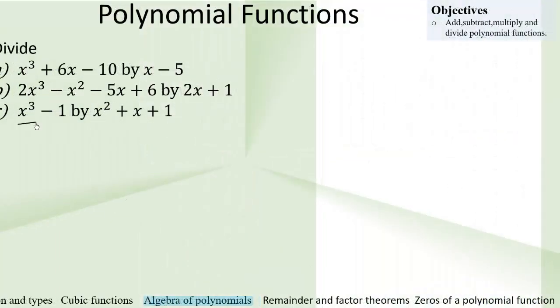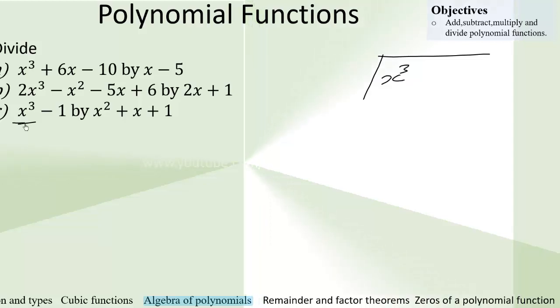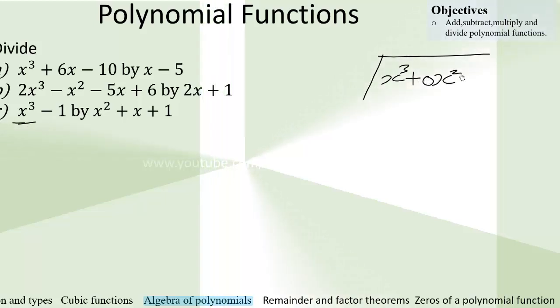Now let's look at this final one here. We have something like this: x cubed is x cubed. The next term is supposed to be in x squared, but it is missing, so it means the coefficient is 0. And the next term again is supposed to be in x, but it is still missing, so it means the coefficient is again 0.